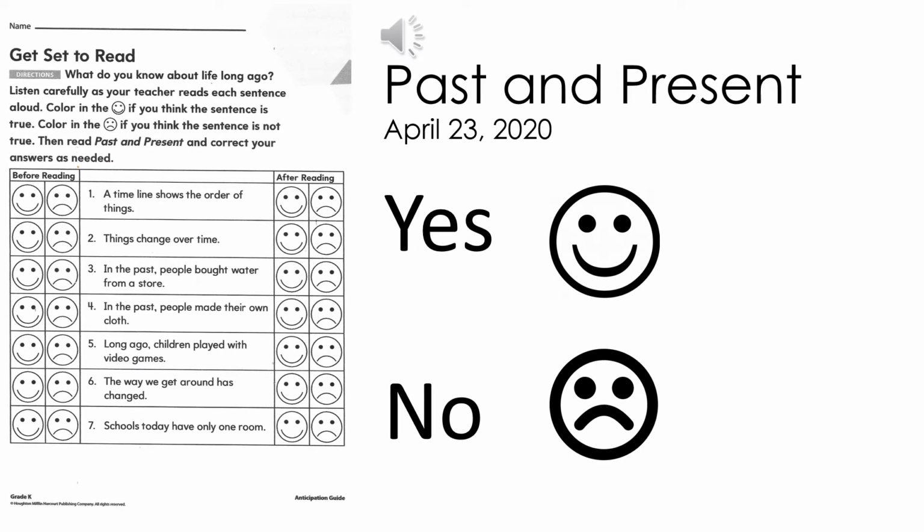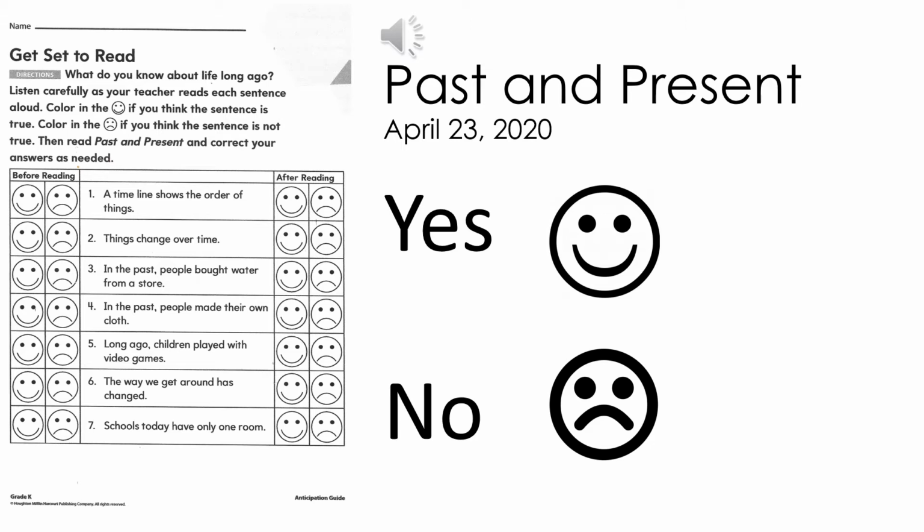Okay, here we are on our pre-read, get set to read sheets, where I'm gonna ask you some questions, and we're on the left side of the page where it says before reading. You guys know what to do. We do this at the beginning of every one of our social studies units.